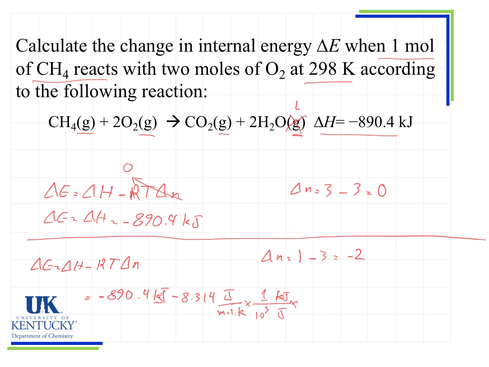Times T, which is given in the question as 298 Kelvin, and delta N is negative 2 mole. You can see that these terms cancel out, mole with mole, Kelvin with Kelvin, joule with joule, and we end up with kilojoule, and we have kilojoule here, so we can do the subtraction.